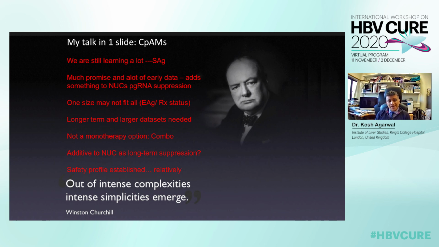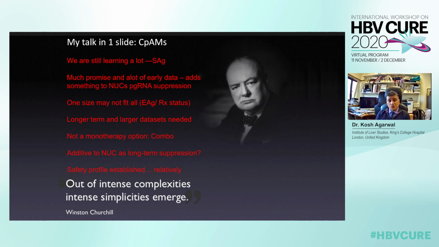I would highlight again that one size may not fit all, and we saw a slightly differential effect with regard to some of the biomarkers with regard to e-antigen status and certainly treatment status. And I would highlight the heterogeneity of hepatitis B and the need for us to have bigger data sets and longer term data sets to, number one, assess the longer term effect on cccDNA, and really to understand the differential effects on different phases of disease.